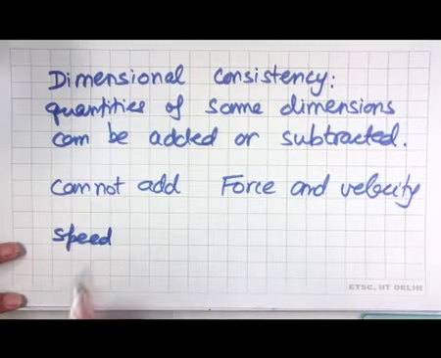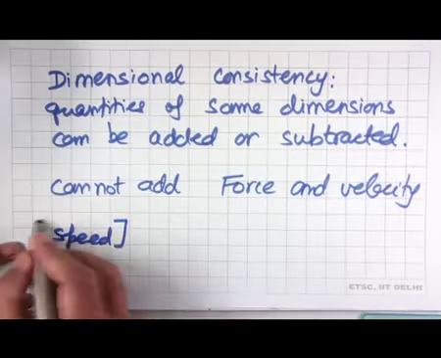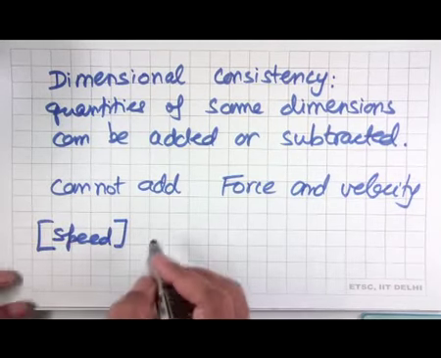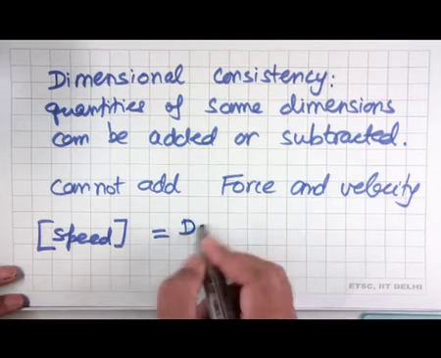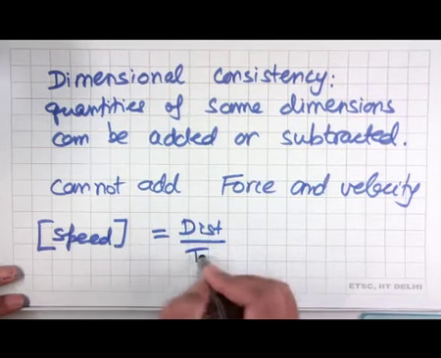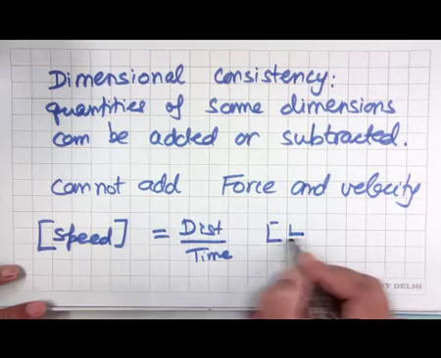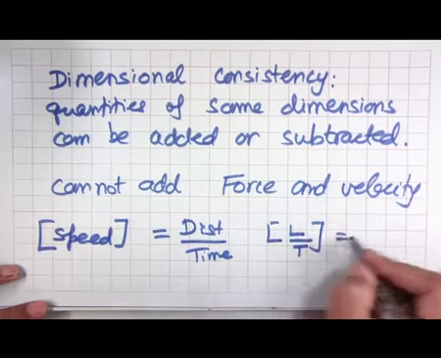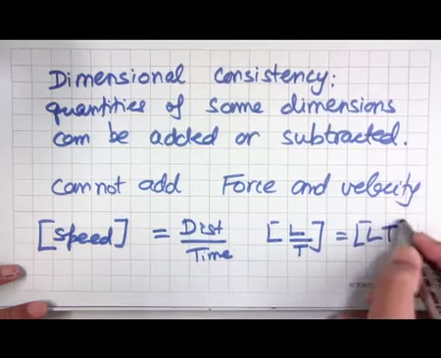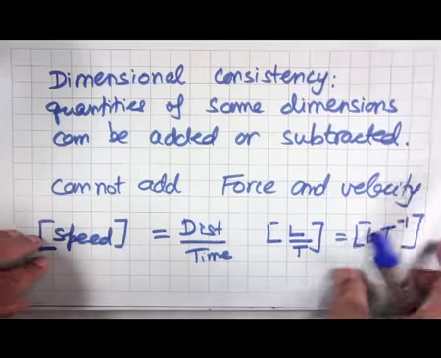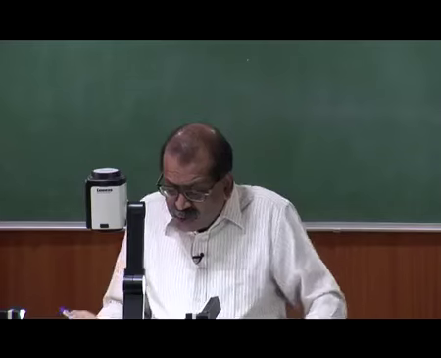For example, when we talk of speed, then the dimension of speed, normally we use a square bracket when we want to write. This is equal to, speed we know is distance upon time. So, the dimension of this will be equal to L by t, and this we express as L times t to the power of minus 1. And we do this for all the other quantities which we have.